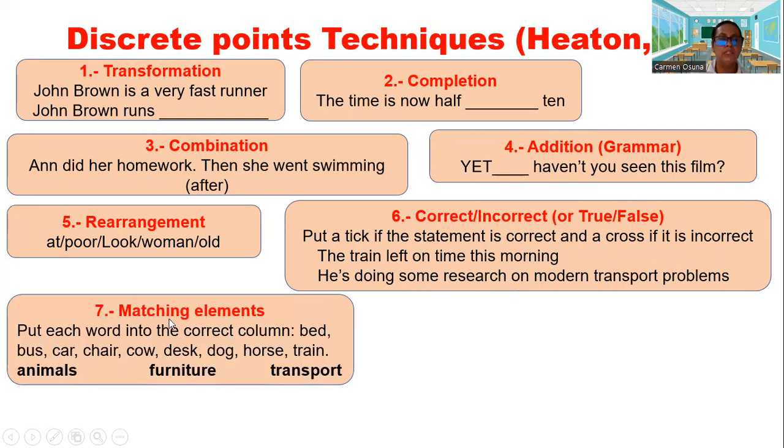Matching elements. Put each word into the correct column. Bed, bus, car, chair, cow, desk, dog, horse, train. Which are animals? Which ones are furniture? Or which ones are means of transportation? With the matching elements, we can do a lot of things. For example, with the musical instruments.